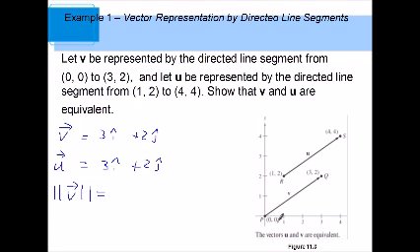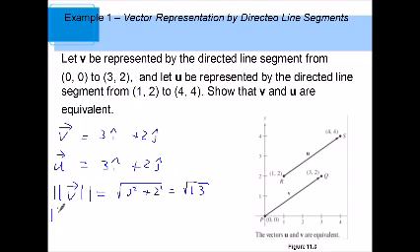So I take the directional components, so from 0 to 3 is 3, so it's going to be the square root of 3 squared, plus, and then I take the vertical components, 1, 2, squared, and then what we get is 3 squared is 9, 2 squared is 4, so this whole thing is the square root of 13.